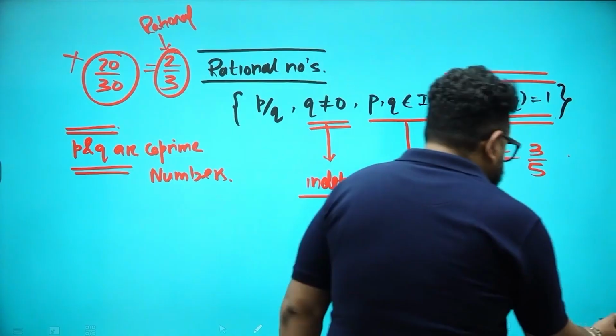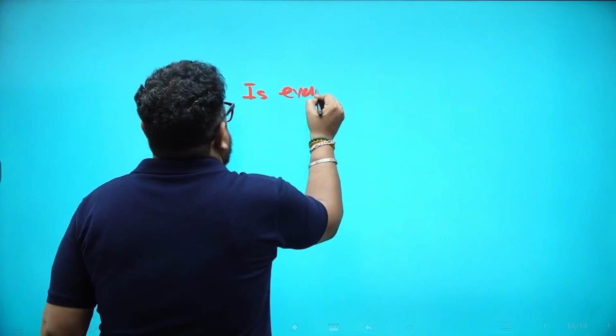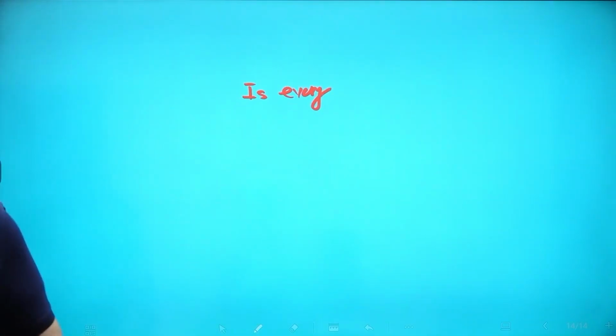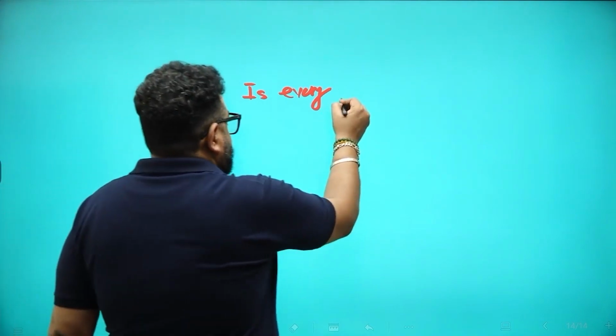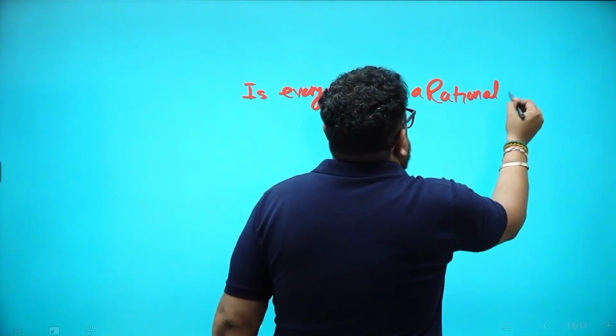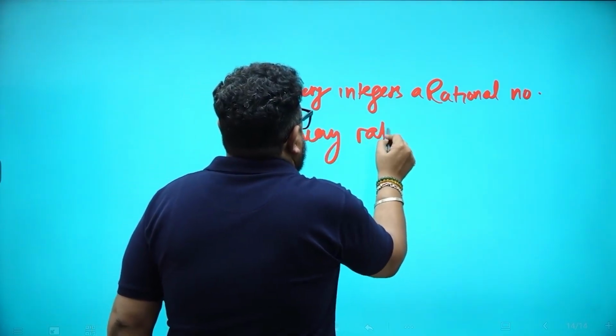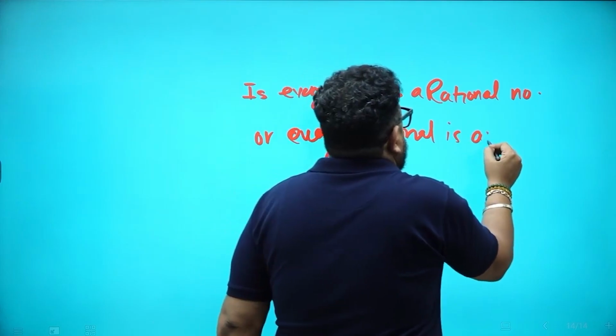My question to all of you is, is every integer a rational number, or is every rational an integer?